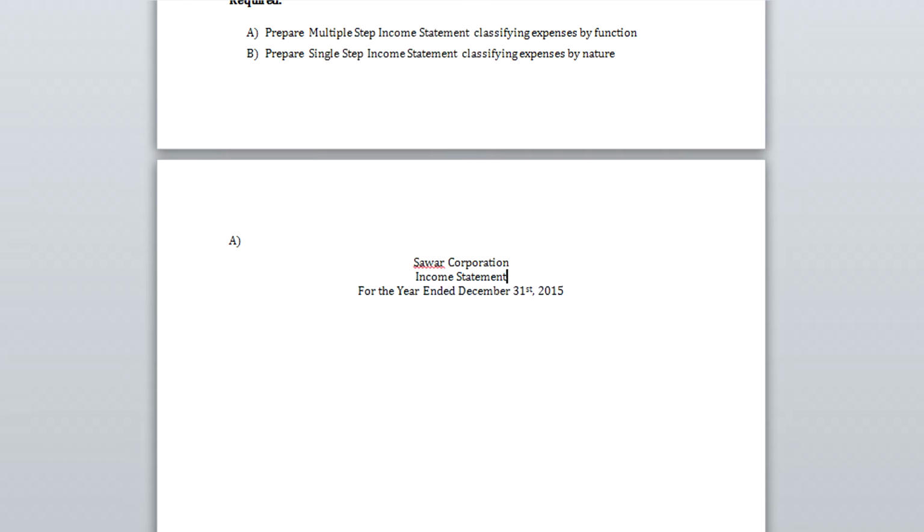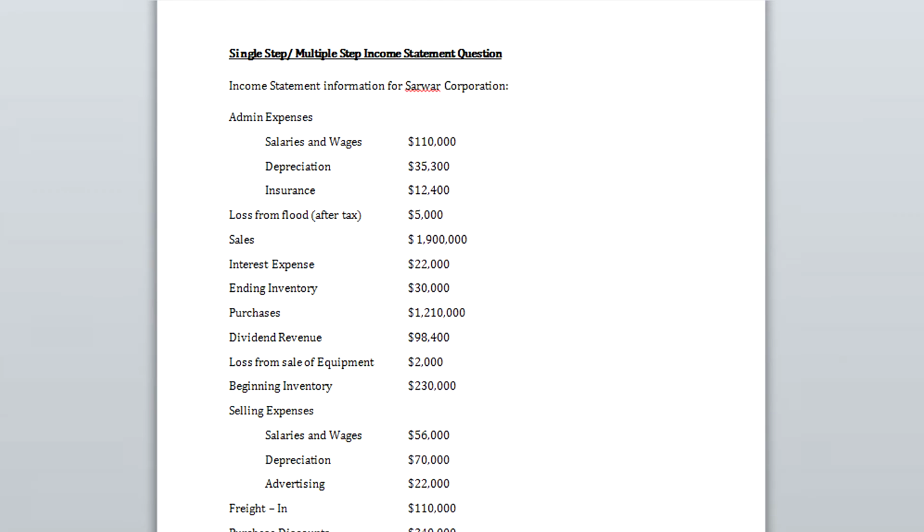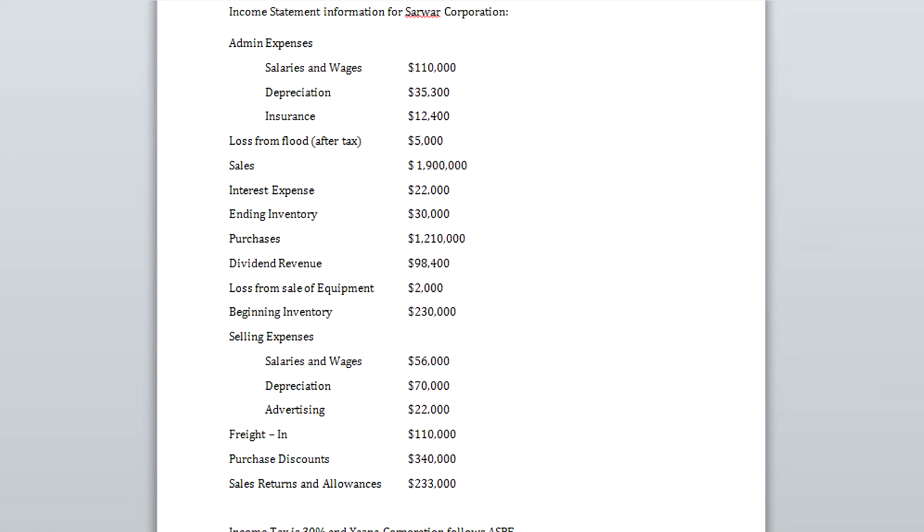Yes, I can. Okay, so with any kind of income statement, really, the first part you're always going to start with is your revenues. And usually with revenues, at least on the multiple step, we're going to want to calculate our net sales right away. So what we do to do that is we're actually going to use our sales account.